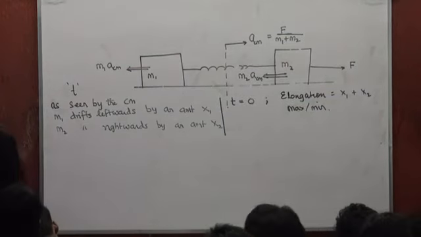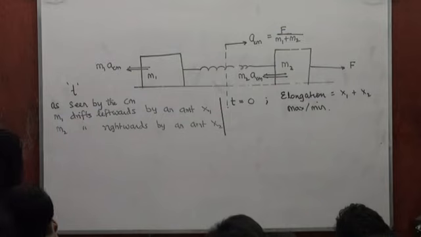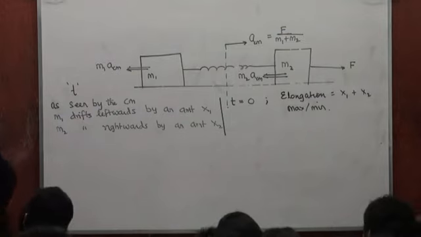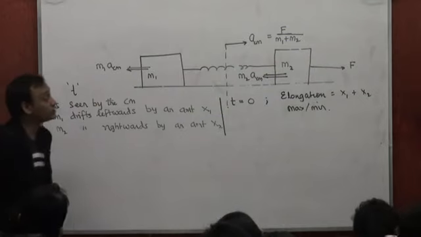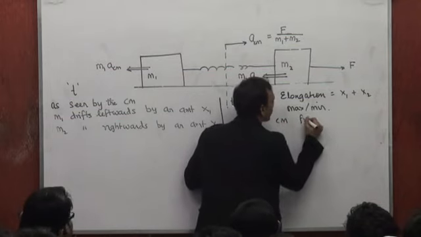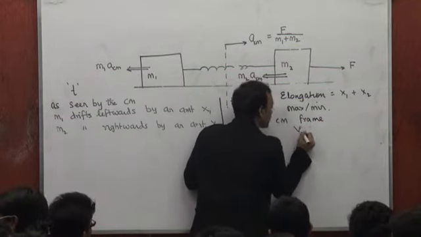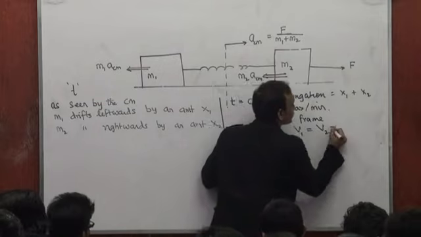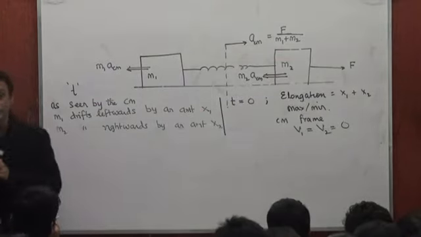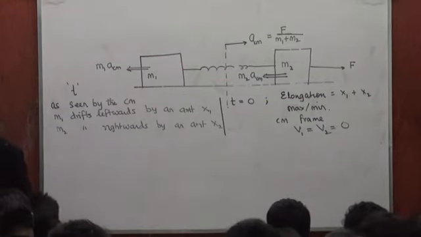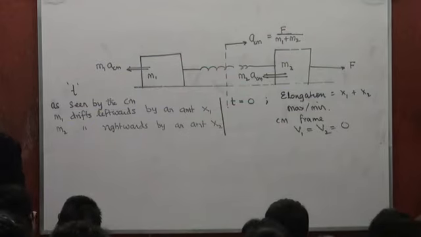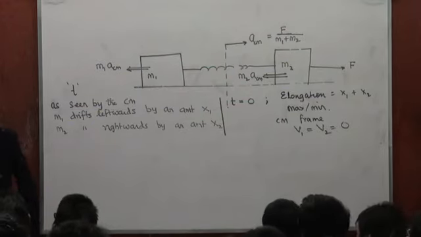Both must have a velocity equal to the velocity of the center of mass at this time. So in the center of mass frame, velocity of m1 equals velocity of m2 equals 0. That means in the ground frame, both m1 and m2 must have the same velocity as that of the center of mass.